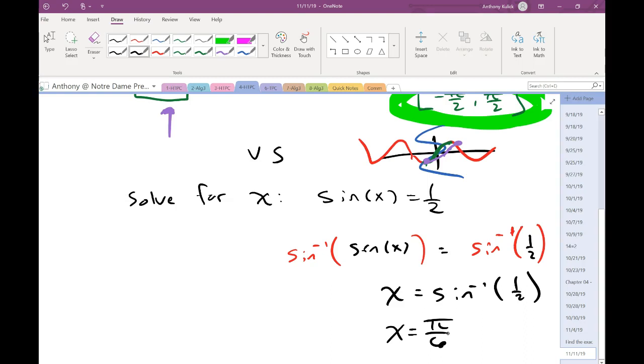Why is that not the only answer? Okay, why would 5 pi over 6 also be an answer, though? Maya? If I take the sine of 5 pi over 6, do I get 1/2?